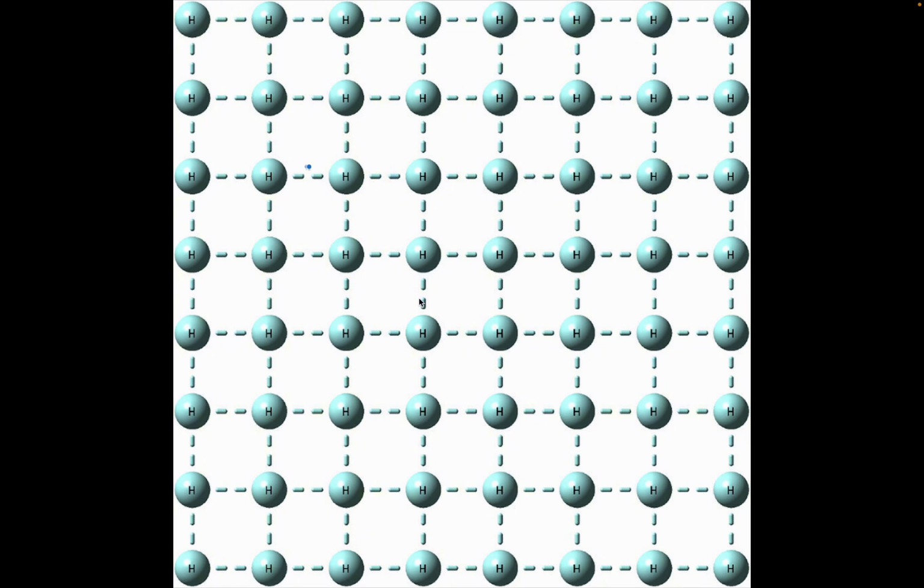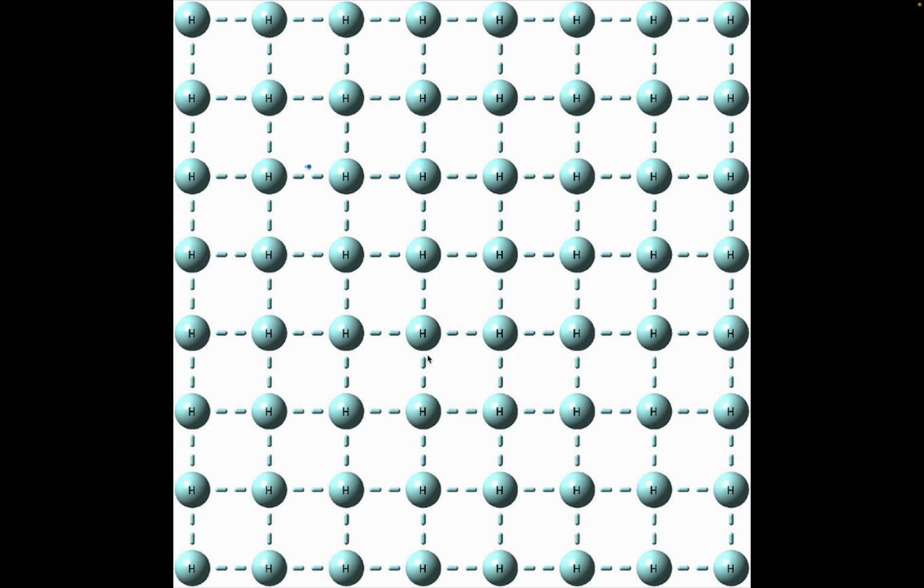So when we introduce energy in the form of heat, it actually becomes the kinetic energy of the atoms. And remember, kinetic energy is the energy of movement. So these atoms will begin to move around.